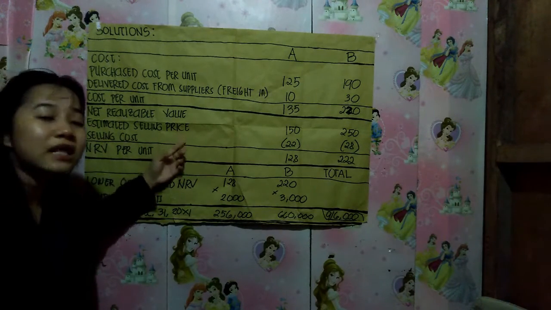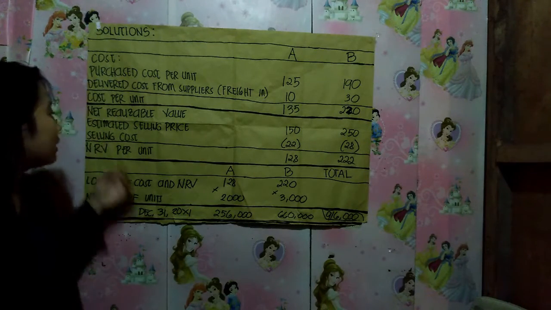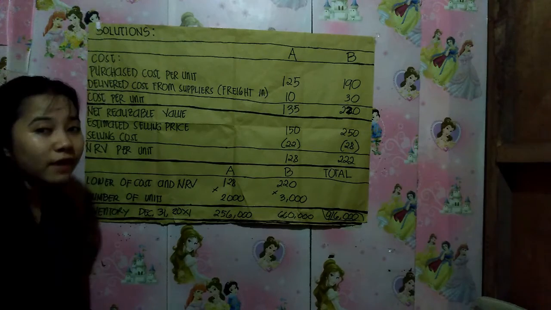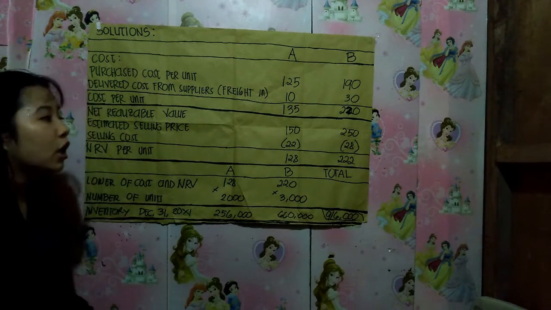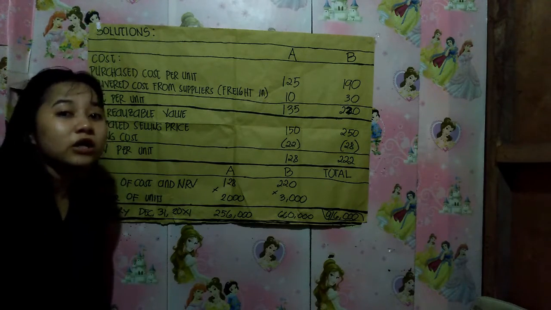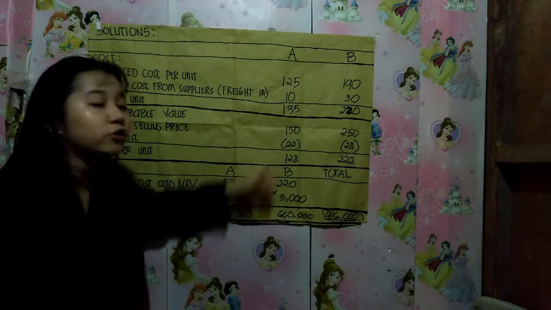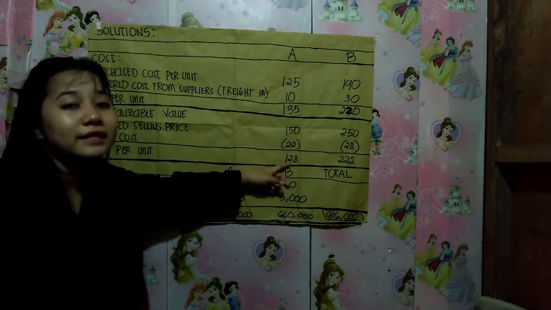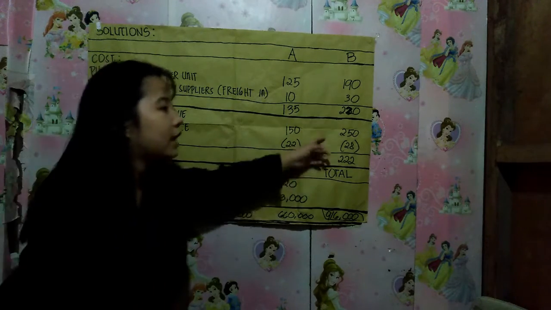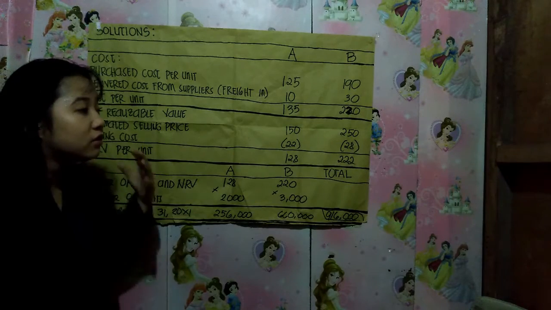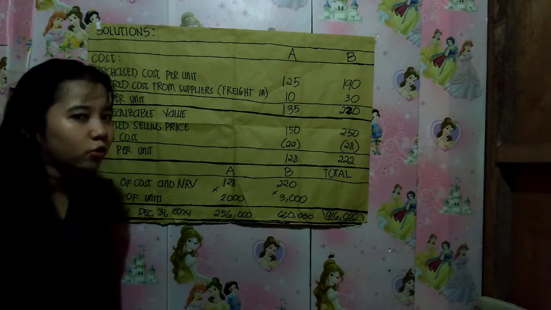So the estimated selling price is 150 for A and 250 for B. The selling cost is 22 for A and 28 for B. To solve the NRV per unit, we're just going to deduct the selling cost. So 150 minus 22 is 128. For B, 250 minus 28 is 222.